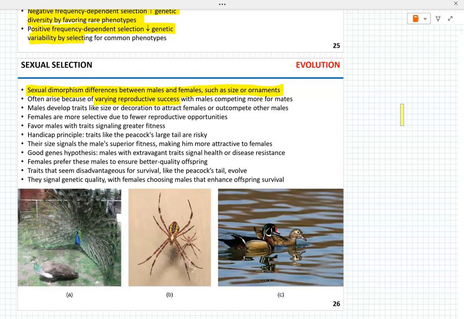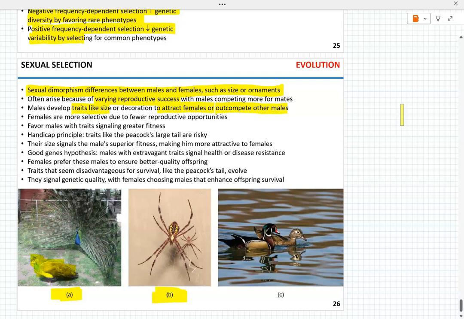To attract females or to outcompete other males, male organisms can develop certain traits like size, coloration, or other body features. For instance, on the left, you can see a male and a female peacock. The male peacock has this wonderful tail, while the female peacock is fairly bland.